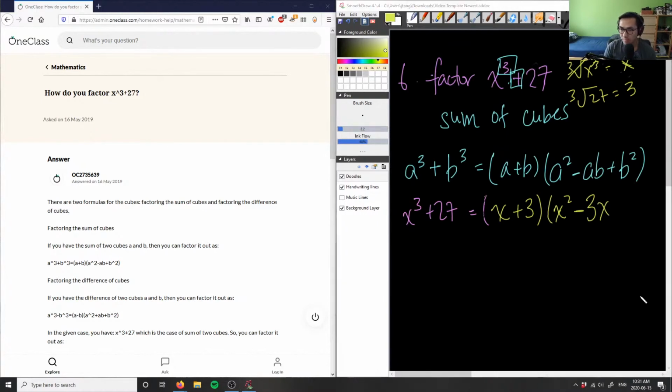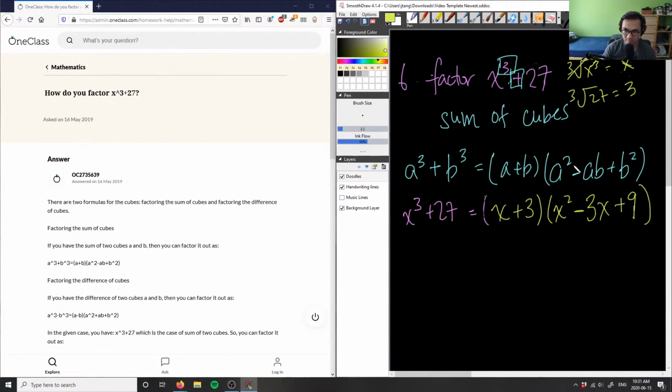And then we have b squared, which is simply this term squared. If b equals 3, then b squared is going to equal 9, because 3 times 3 equals 9. So this will be our factoring for this problem: x plus 3 times x squared minus 3x plus 9.